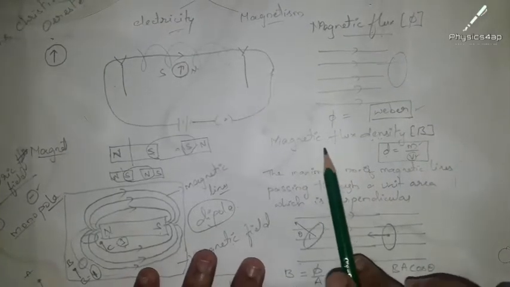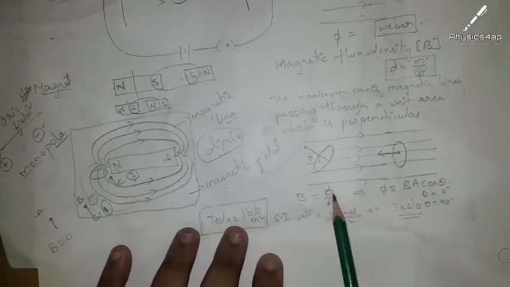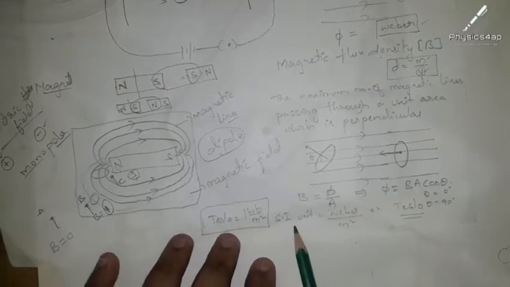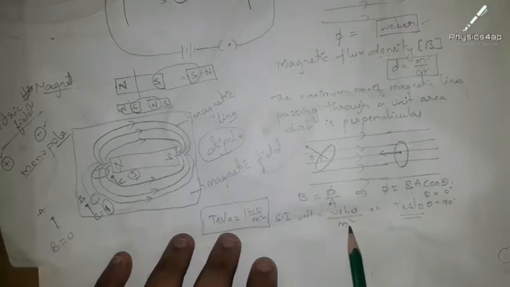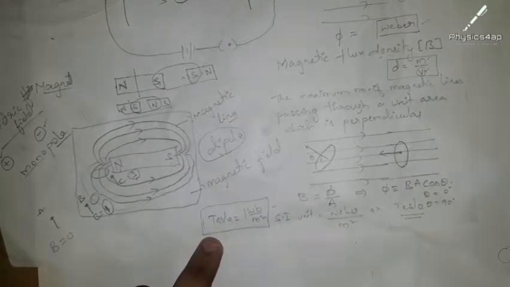And next we have seen the magnetic flux density, that is, the formula: magnetic flux density B is equal to magnetic flux phi by area A. So from this we have written the SI unit as Weber per meter square. This Weber per meter square can be written as Tesla.